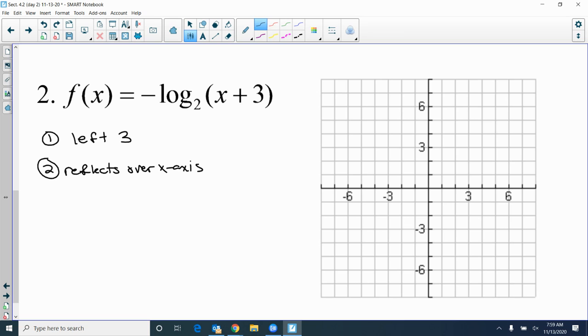Now I'm going to start with my original function, which was 1/4, -2; 1/2, -1; 1, 0; 2, 1; 4, 2. Where should my vertical asymptote now be? If it moves left 3, then my vertical asymptote should be at -3.